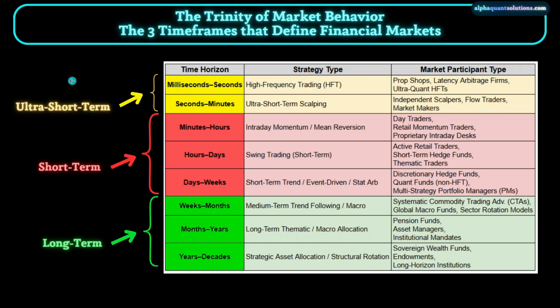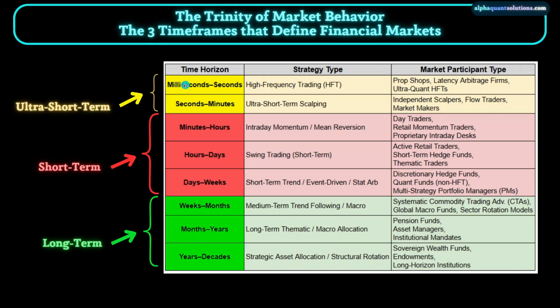So before going into what is noise in finance, we first want to review this table that basically identifies three groups of trading and investment strategies, depending on the time horizon of these strategies.